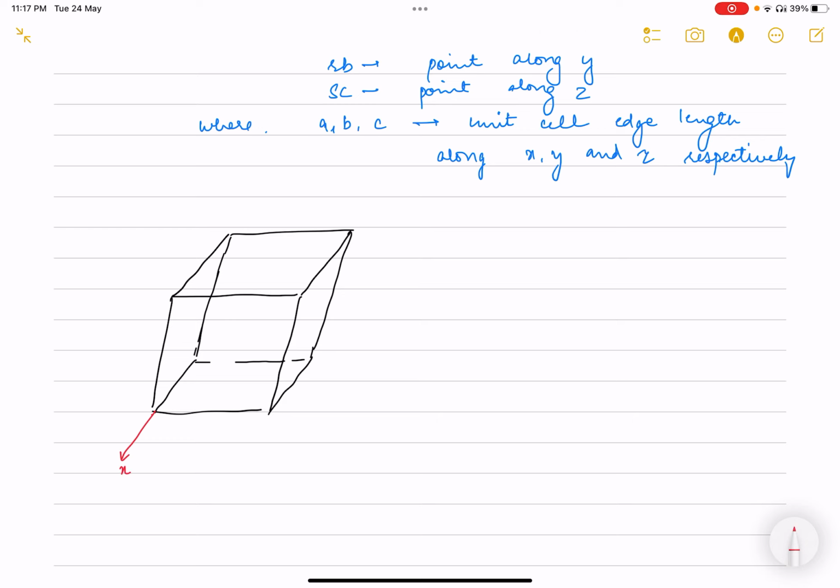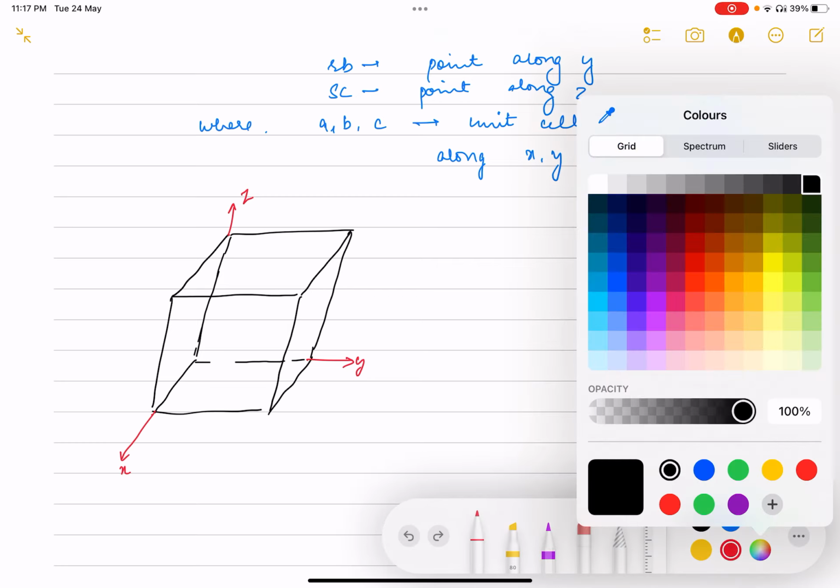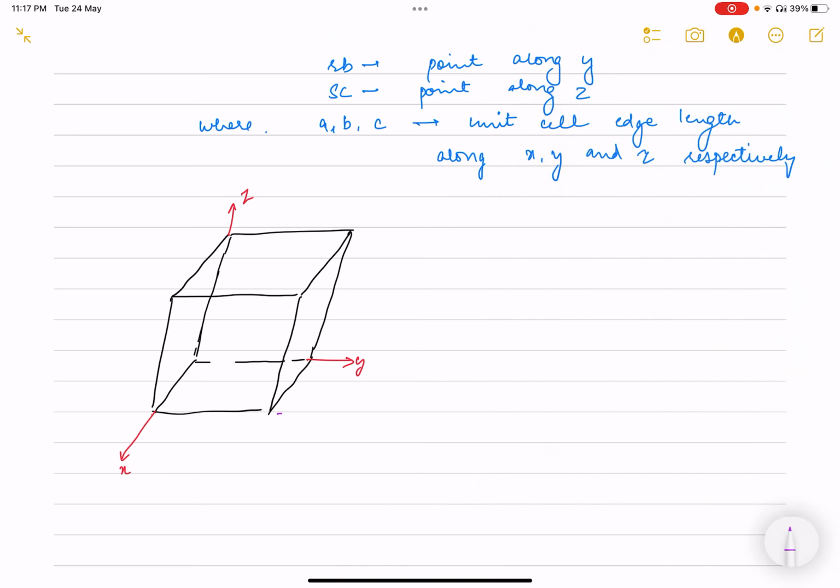This will be our x, this will be our y, and this will be our z. As per that, this edge length will be a, this will be b, and this height will be c.